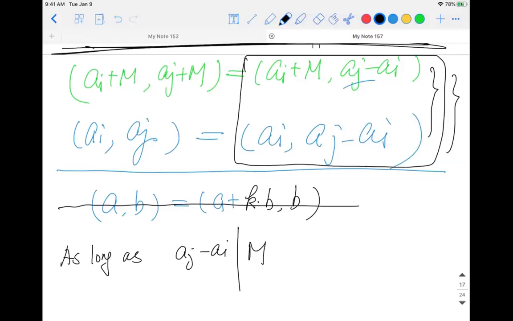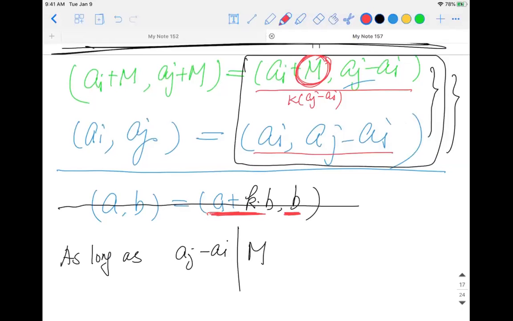Why? Look here. From this guy to this guy. This is also a Euclidean algorithm, right? At m equals k times AJ minus AI. This is another Euclidean algorithm. I'm actually writing it here as a reminder to you guys.